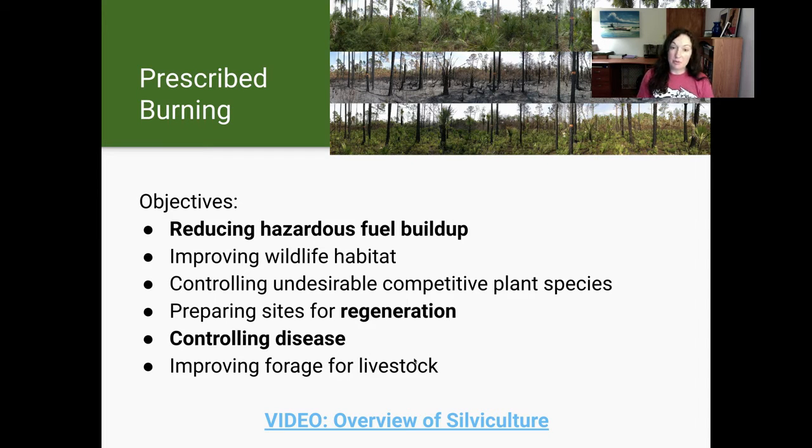So it's an important part of controlling wildfires, but it's also important for regeneration and allowing other plants to start growing up. It also controls disease because you don't have as much habitat for disease vectors to be living there. And it also helps to clear things out so that livestock can get through. They can feast much more easily in this setting than they would be able to in this setting.